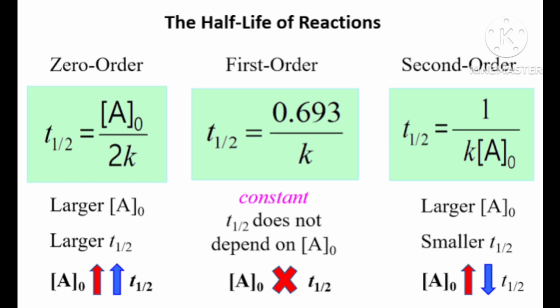In the place of T you write T half, and in the place of R you write R0 divided by 2. Then you will get K is equal to 2.303 divided by T half, log R0 divided by R0 divided by 2.